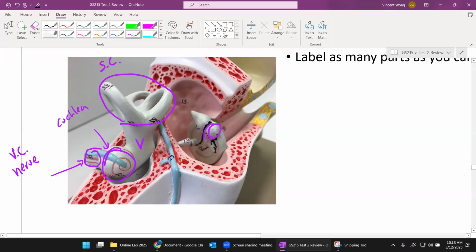Malleus, incus, stapes. Tympanic membrane. Ear canal over here with the sound coming in. I think that's all we can label.